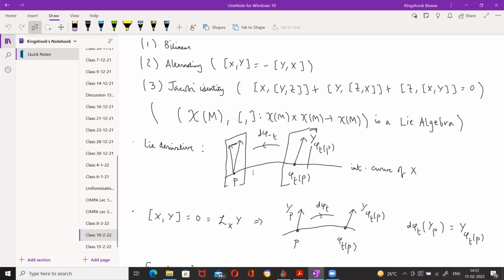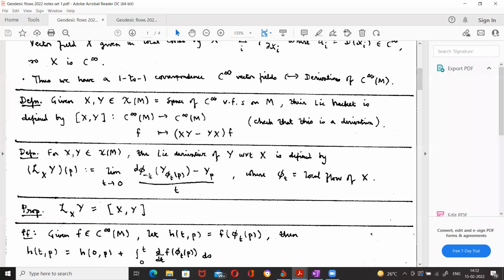Okay, so this was the Lie derivative. Here's the formula: d phi minus t of y at phi t of P, minus y of P. Both of these are tangent vectors in the same tangent space at P. Then you divide by t and let t tend to 0. And then what we showed is the Lie derivative equals the Lie bracket.